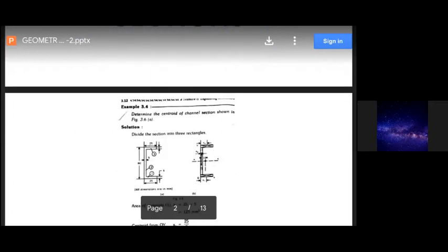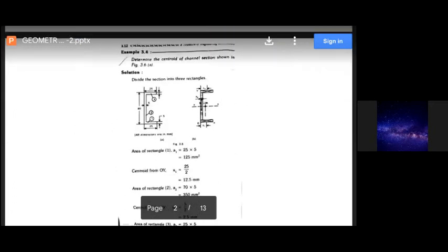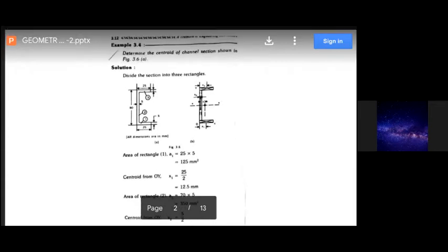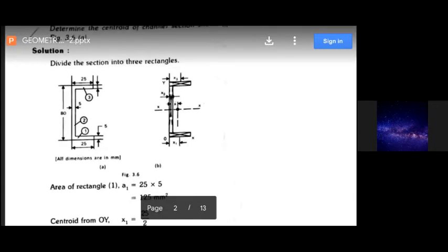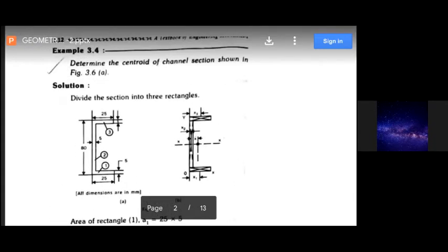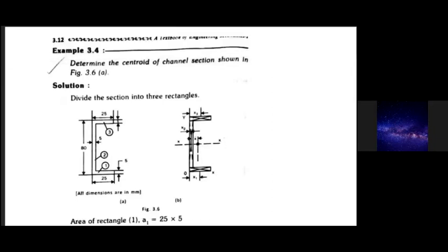In the previous video we determined the centroid of the T section, the L section, and the I section. Now you will find the centroid of the C section. So here, determine the centroid of the channel section.